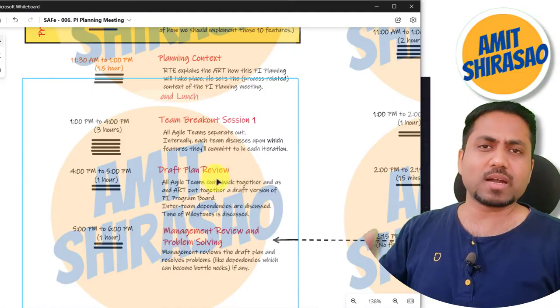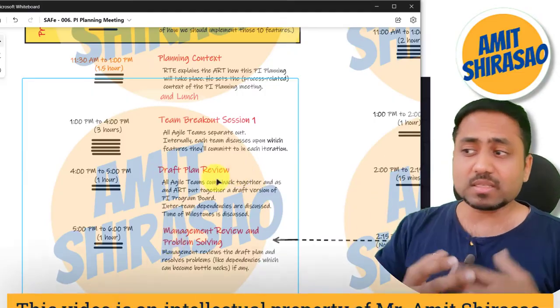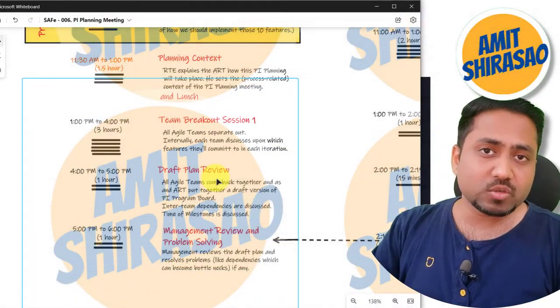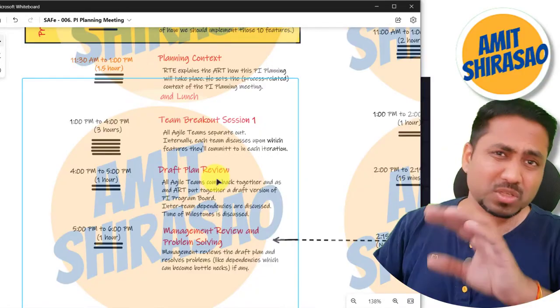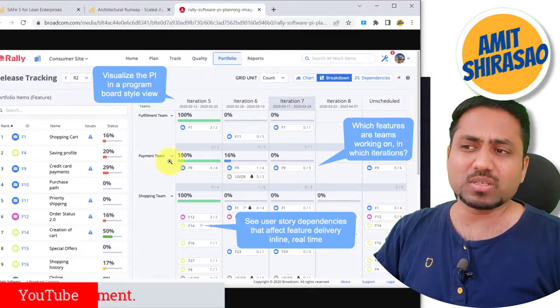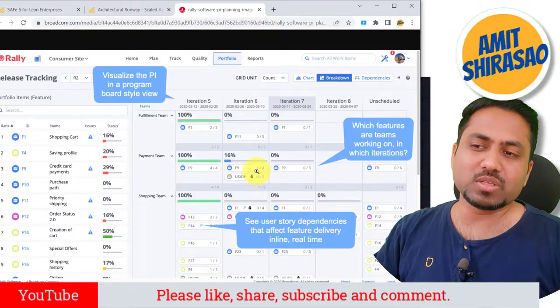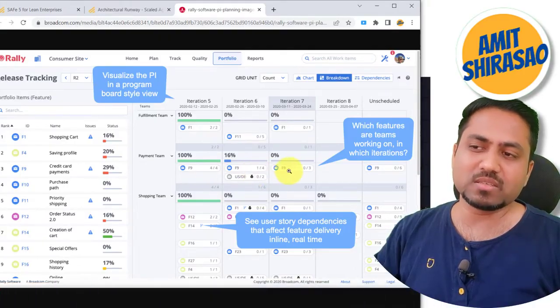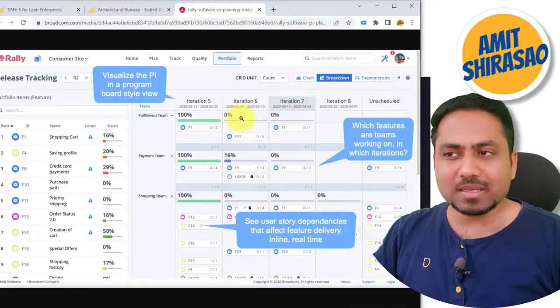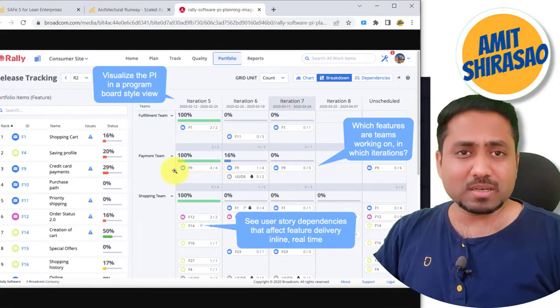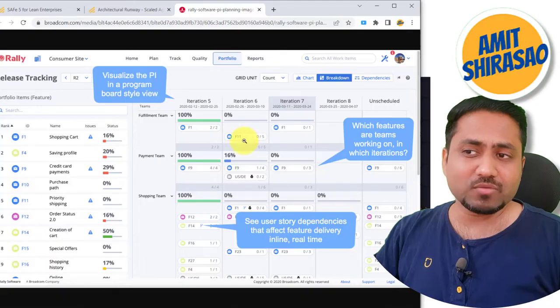Here all the art teams come back together and start discussing what the dependencies are, whether they will get sorted out, and let us move around the stories a bit to make sure of it. Suppose the payments team is going to work on feature 9 in all 3 iterations. Being the fulfillment team, I'll say: you pick those stories early which I require in feature 11.